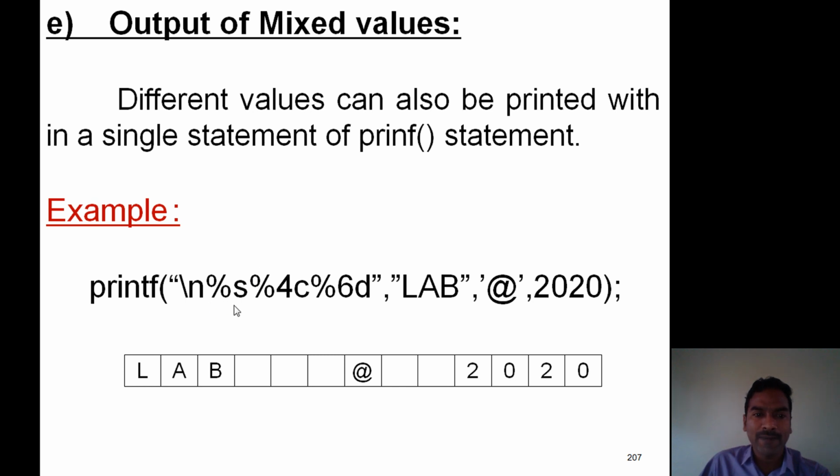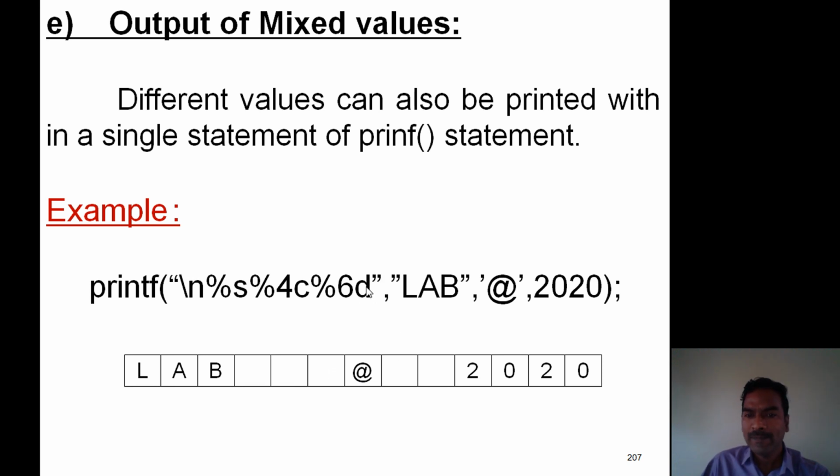From the string's point of view, we are not specifying a field width. Hence, it automatically provides 3 columns of space. Now LAB. From the character's point of view, we provided 4 columns, but to print a character, 1 column is enough. Hence, the value is right justified with a leading 3 blank spaces.